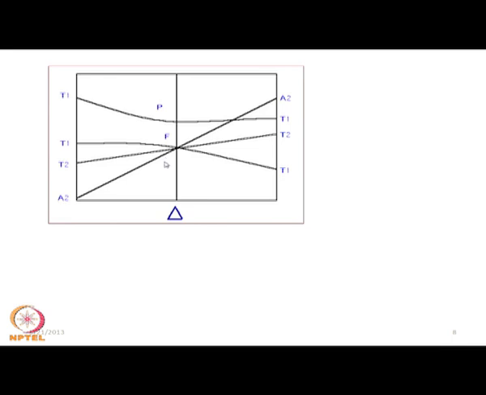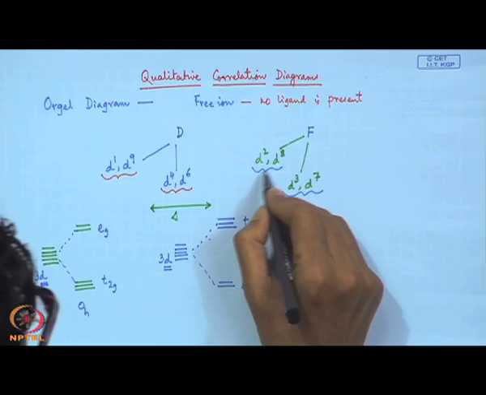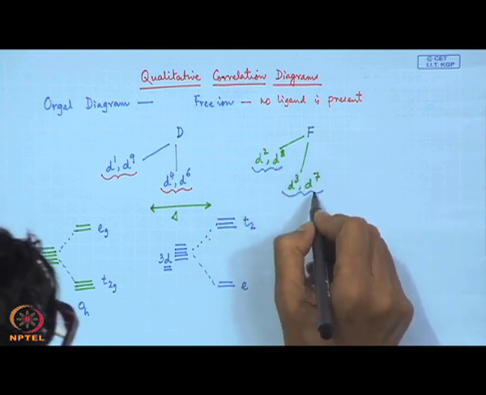Now we see the second one, the F term. These F terms are for D2 and D8 and D3 and D7.